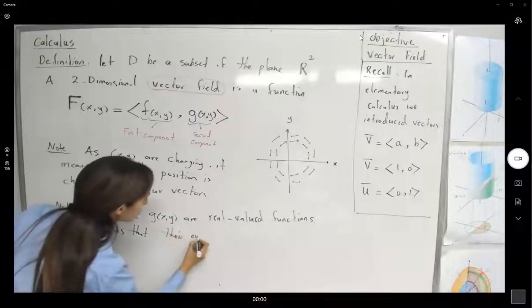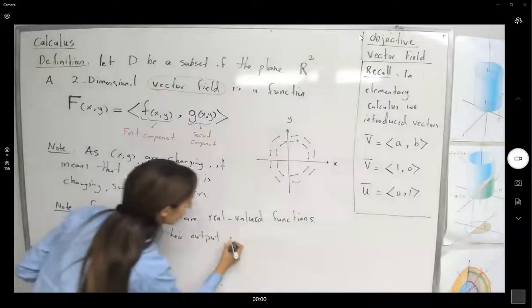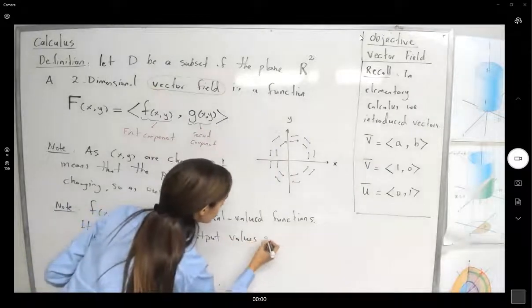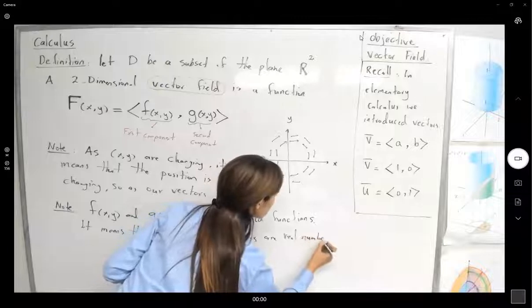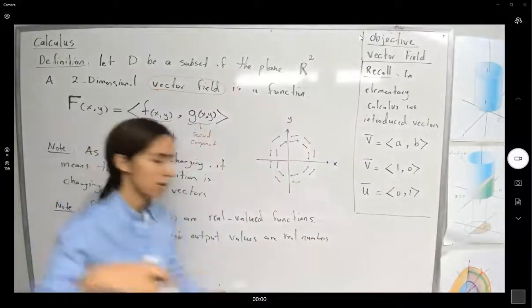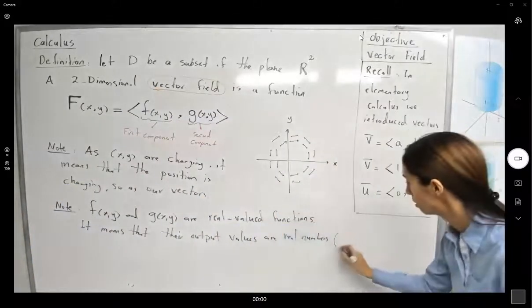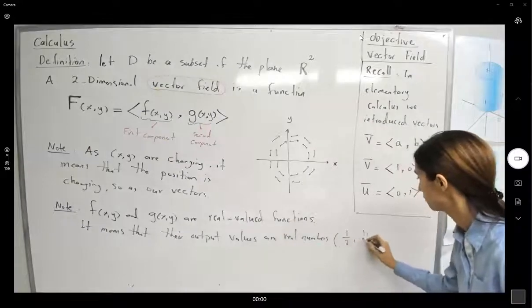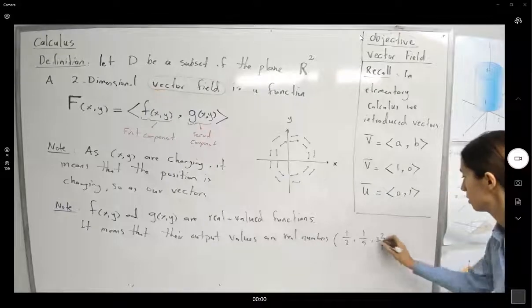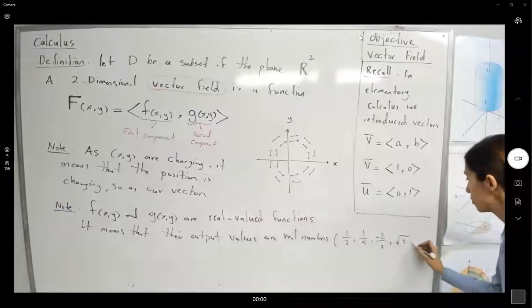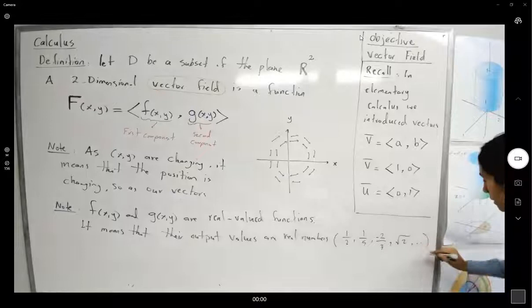Their output values are real numbers. It means that it can be a fraction, it can be a radical: 1/5, 2/3, plus minus square root of 2, pi.